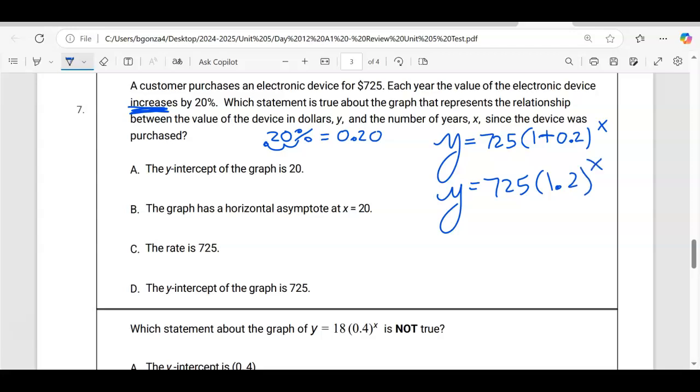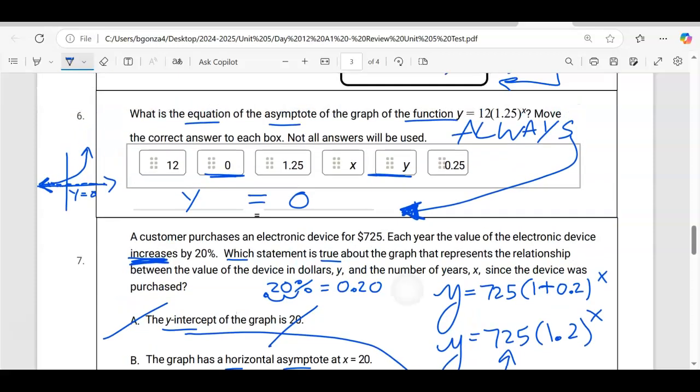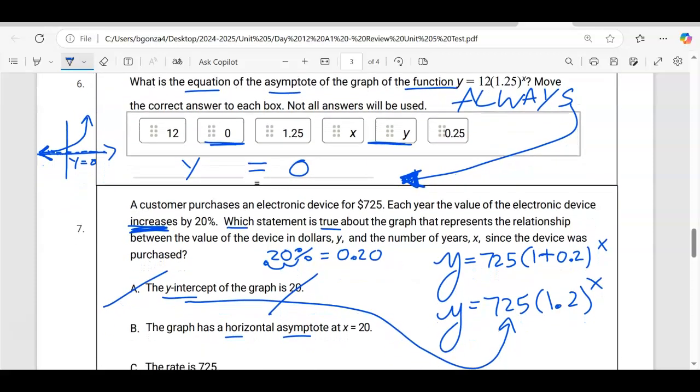Cool. Now, let's answer the question. Which statement is true? Which is true, not false. So is the y-intercept 20? Remember, y-intercept is going to be right there. Is that 20? No. The horizontal asymptote. Now remember, we just did that up here, and it's always going to be y equals 0.